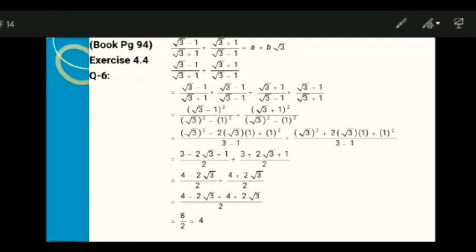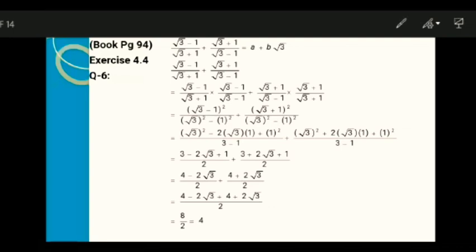So under root 3 minus 1, same values are going to multiply, will be written as a whole square. Again applying the third identity on the denominator, under root 3 whole square minus 1 whole square. Plus under root 3 plus 1 whole square, again an identity, and under root 3 whole square minus 1 whole square in the denominator.